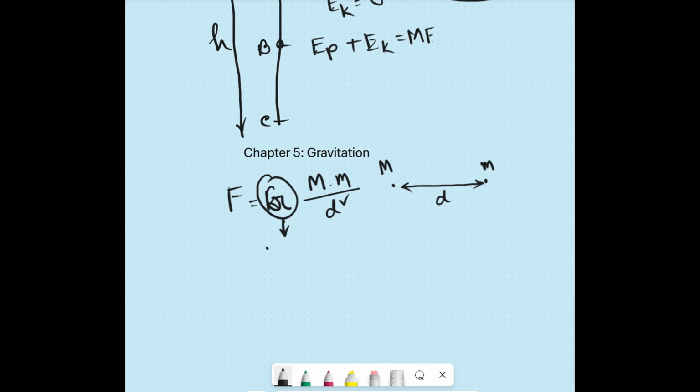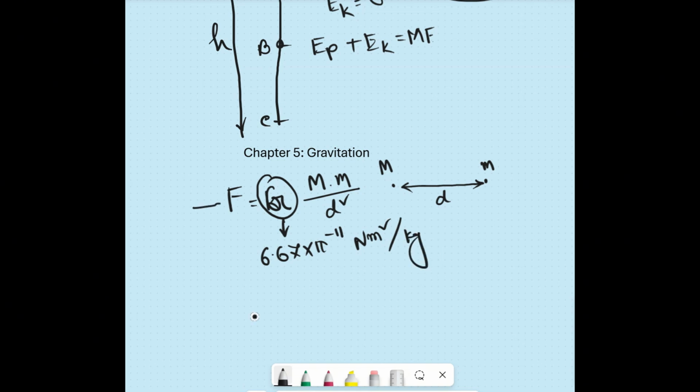So the value is 6.67 times 10 to the power minus 11 Newton meter square per kg squared.